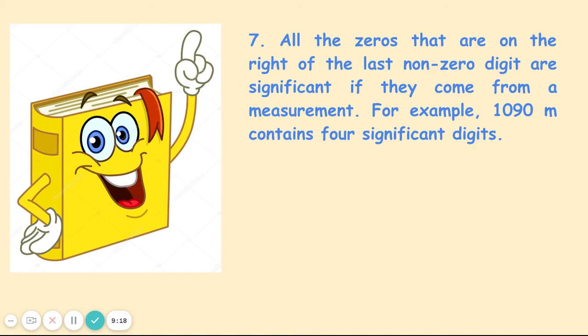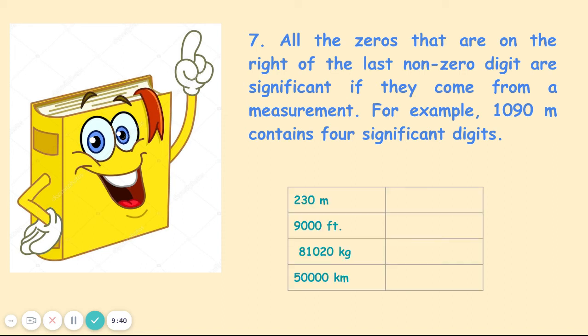Rule number 7, all the zeros that are on the right of the last non-zero digit are significant if they come from a measurement. For example, 1,090 meters contains 4 significant figures. So, kapag ang zero po natin galing sa measurement, significant po siya. So, 1,090 meters. So, for example, 230 meters.